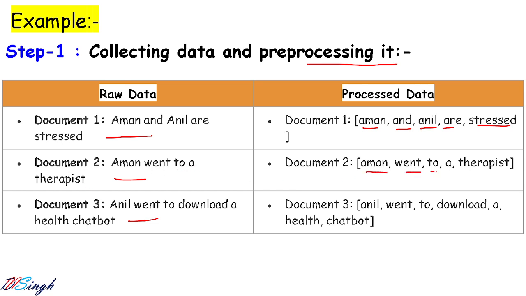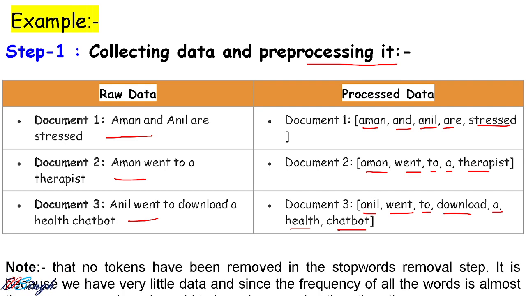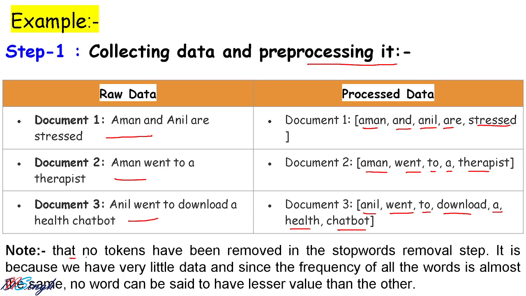Again, Aman went to a therapist. All words have been taken into consideration. In the third also, we have bifurcated this sentence into tokens. So these are the tokens which we get. Let us see this note, that no token has been removed in the stop word removal step. It is because we have very little data.